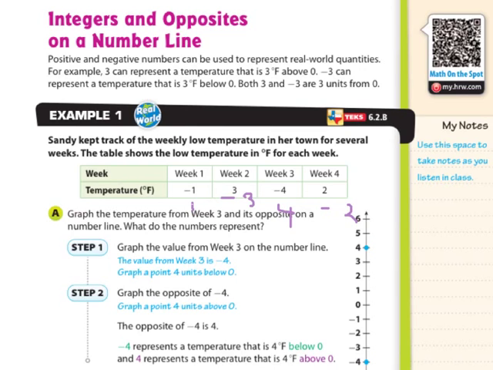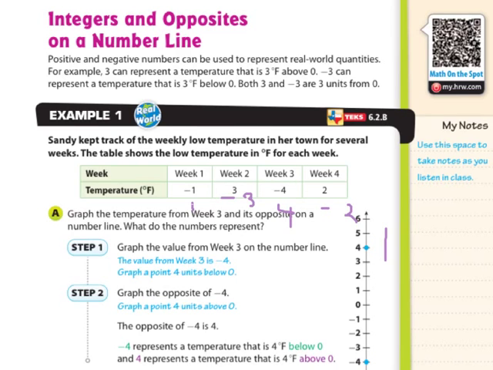So in step 1, graph the value from week 3 on a number line. So we graph -4 on the number line.